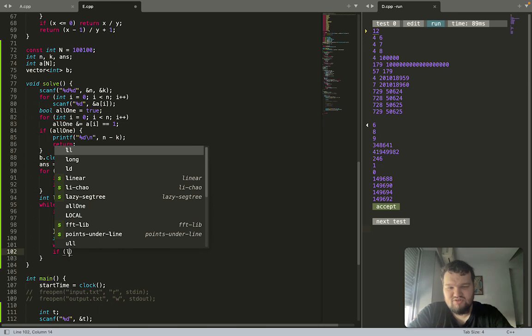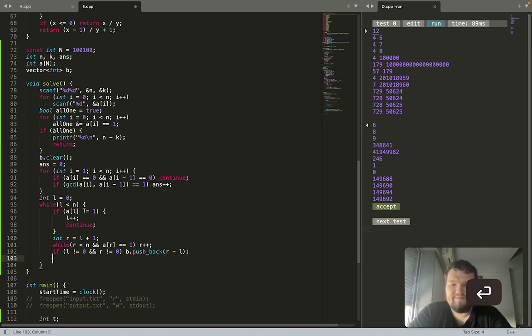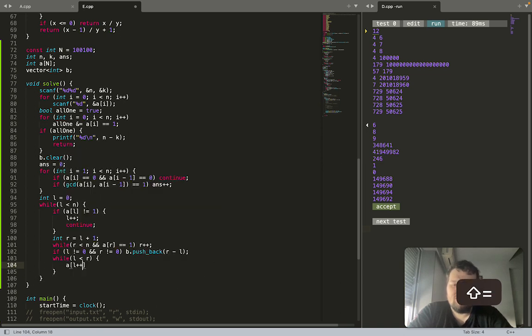If it is not on either border, then in B I should put the size of that group. And now replace with zeros.